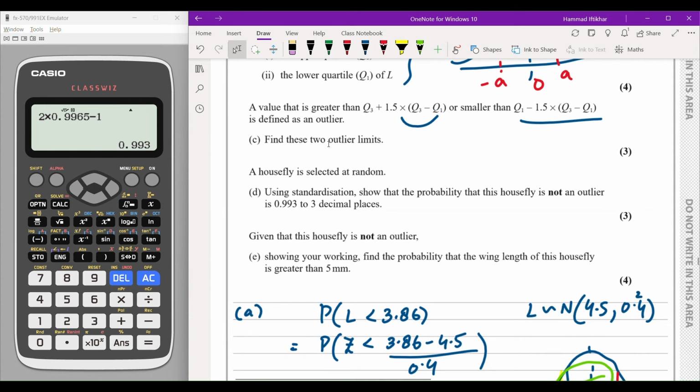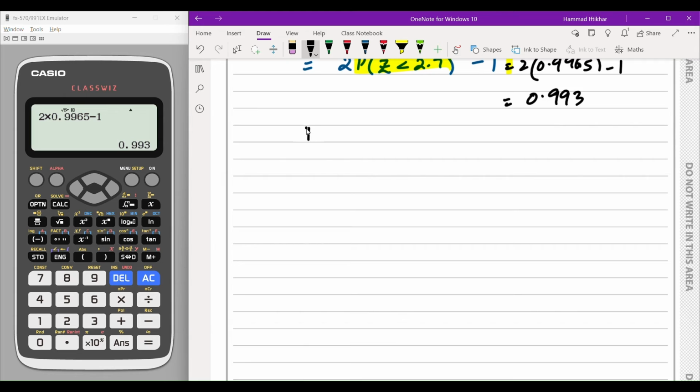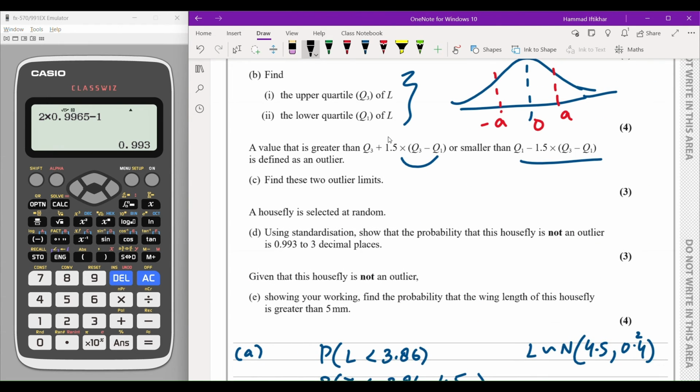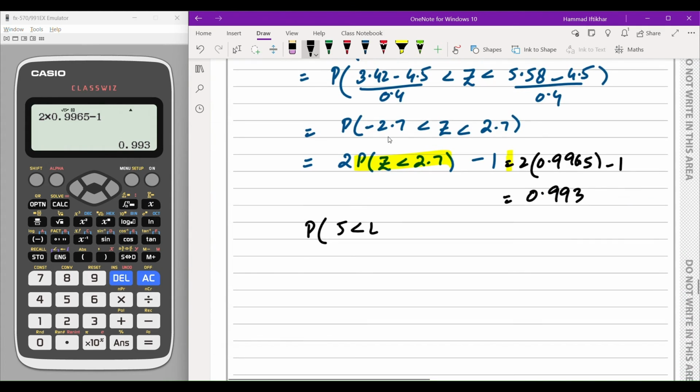Okay, given that this housefly is not an outlier, so that means this is now the given condition, the conditional state. Showing your working, find the probability that the wing length of this housefly is greater than 5 millimeters. So length greater than 5 millimeters, and this is not an outlier, so that's in between these limits.